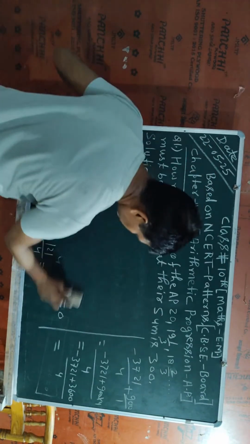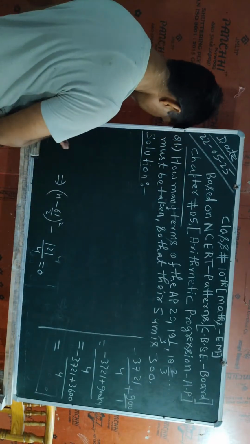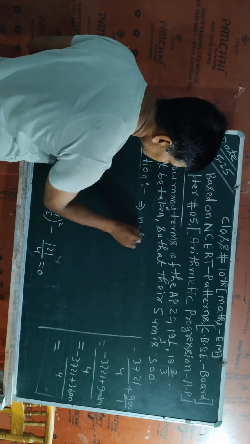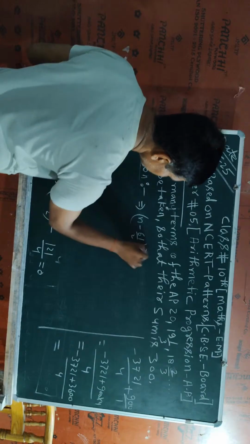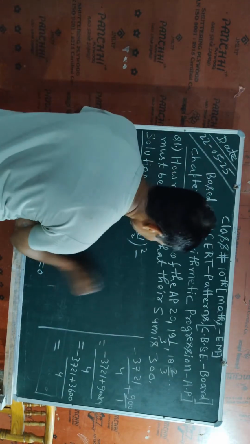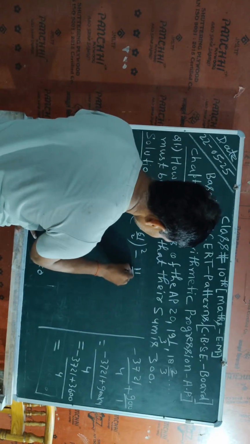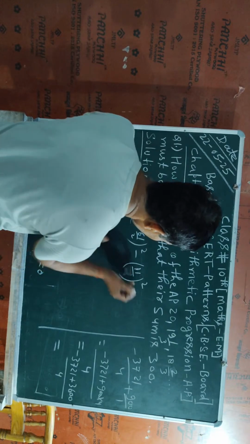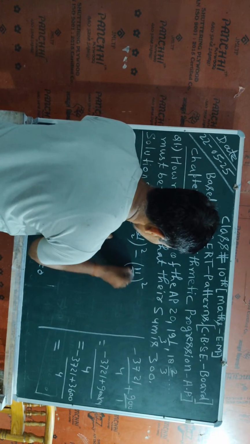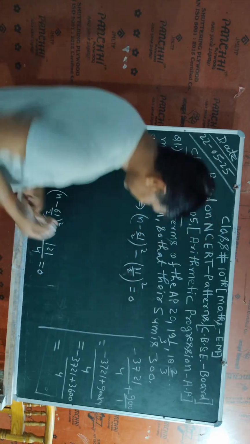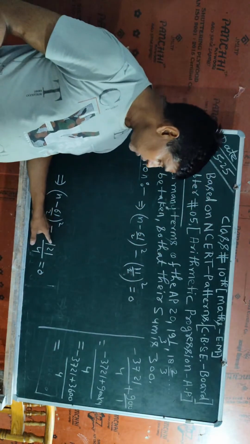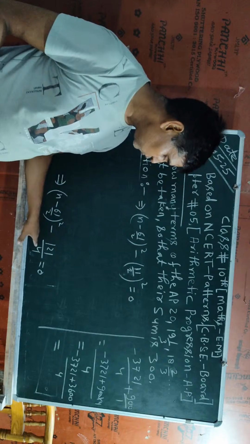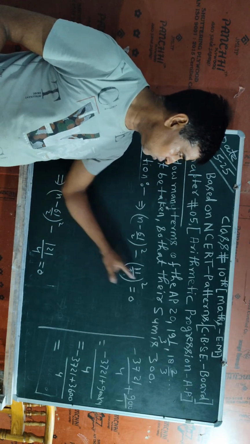Okay student, each and every step I will explain in detail. Now here I am going to put like this: n minus 61 divided by 2 whole square and here I will say 11 divided by 2 whole square, because if I will take its whole square, so I will get same value. 121, that is the square of 11, and in the place of 4 I can write 2 whole square.